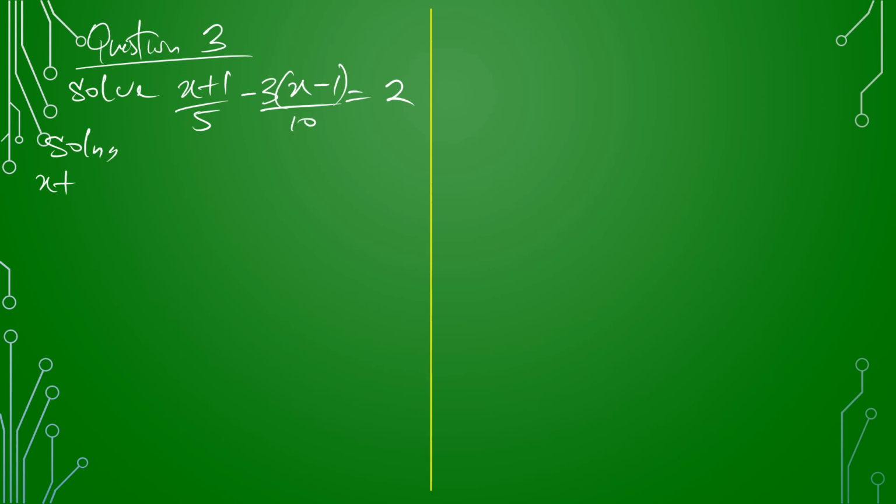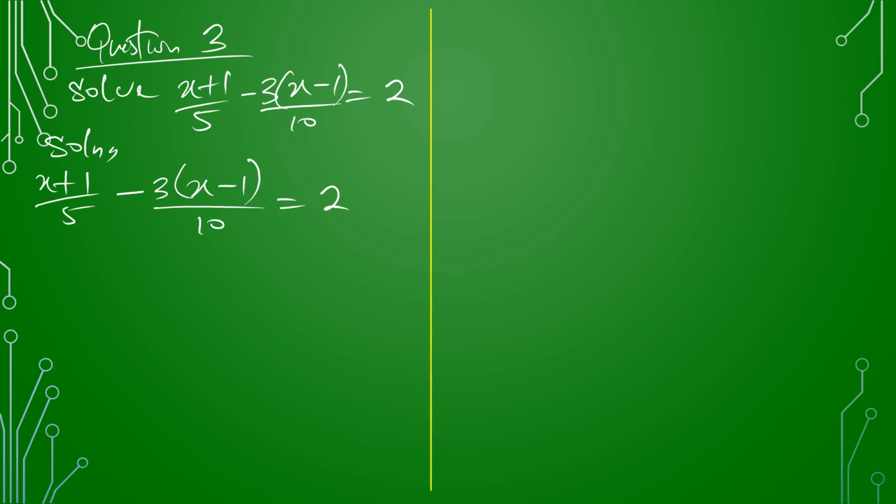We have x plus 1 over 5 minus 3 into x minus 1 over 10 as equal to 2. How do you know this problem is a problem in linear equation? As you can see, it contains one variable, and the highest power of this variable x is 1.